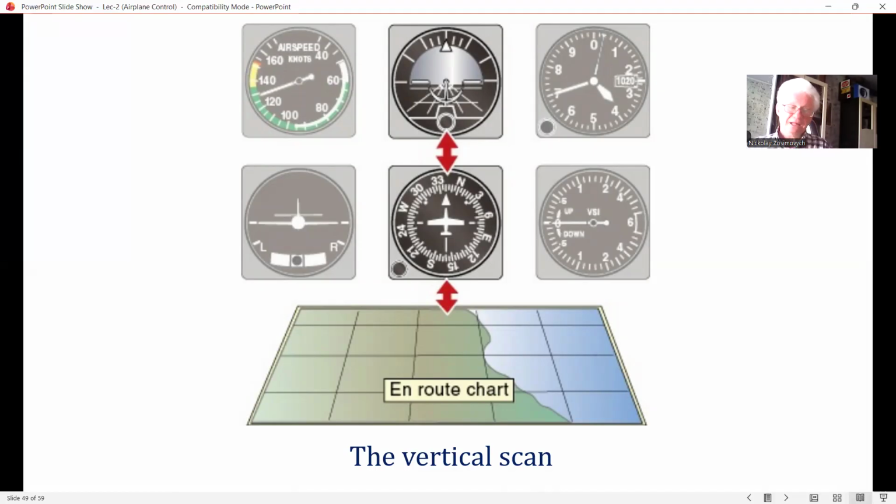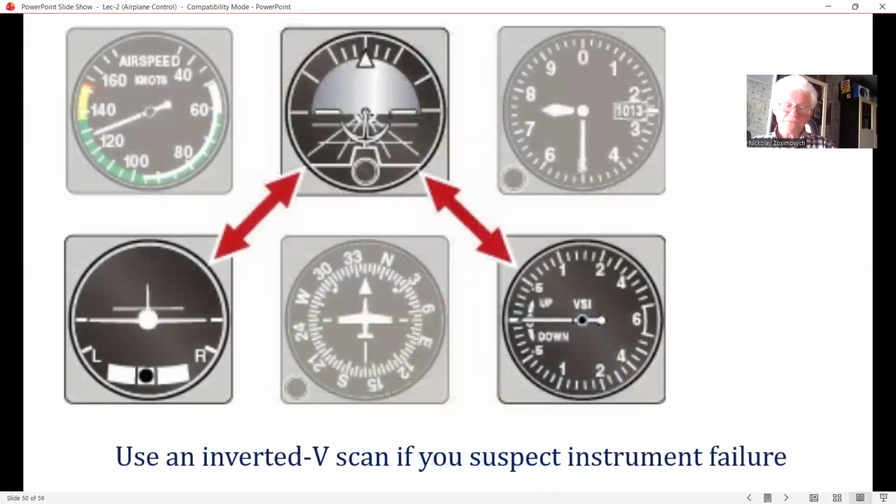Okay? If at any time you suspect an instrument failure, then a very efficient means of establishing what instrument or system has failed is to commence with an inverted V scan centered on the AI and radiating to the turn coordinator and the VSI.